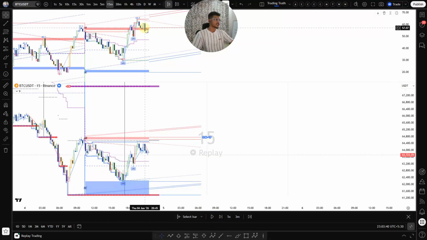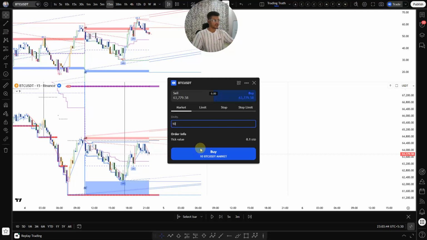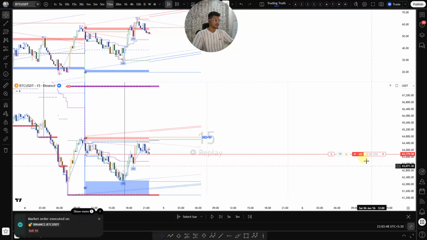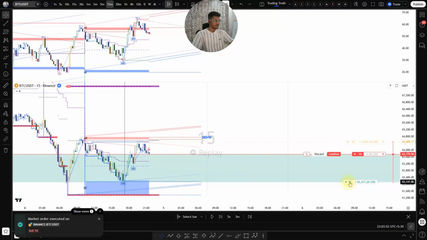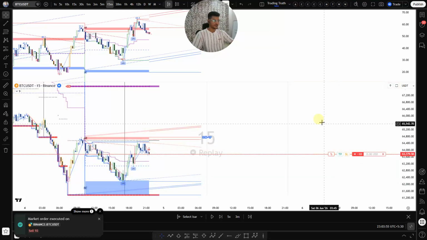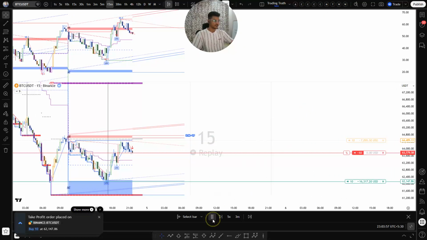See, this is another trade that I would take on this candle. So let's actually do that. Sell there, put my stop loss about there, put my take profit there. Let's see how it goes.